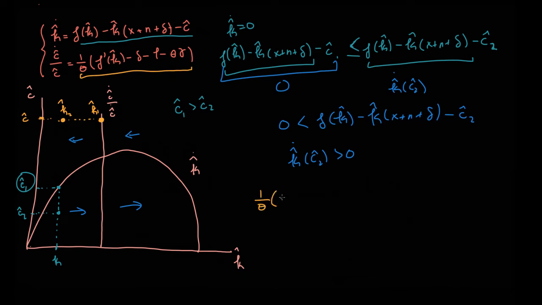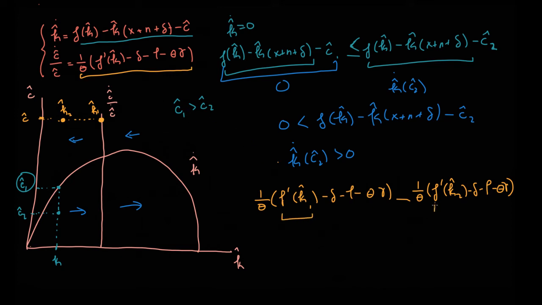So 1 over theta f prime of K hat 1 minus delta minus rho minus theta gamma is something to 1 over theta f prime of K hat 2 minus delta minus rho minus theta gamma. And here we can't do a direct comparison like we did in the K hat case because we're looking at f prime of K hat. We're not looking at K hat 1 and K hat 2 itself.